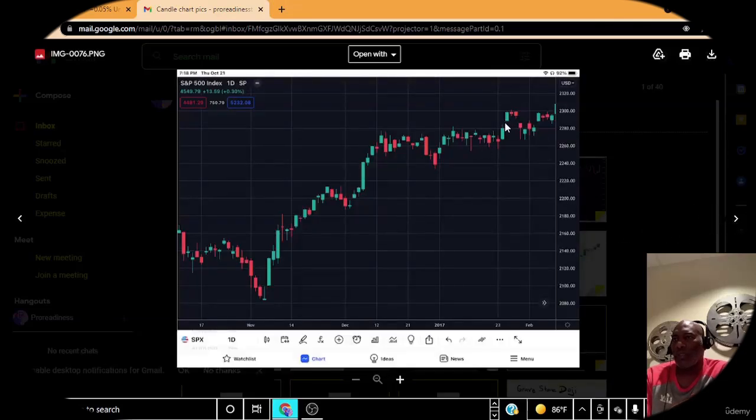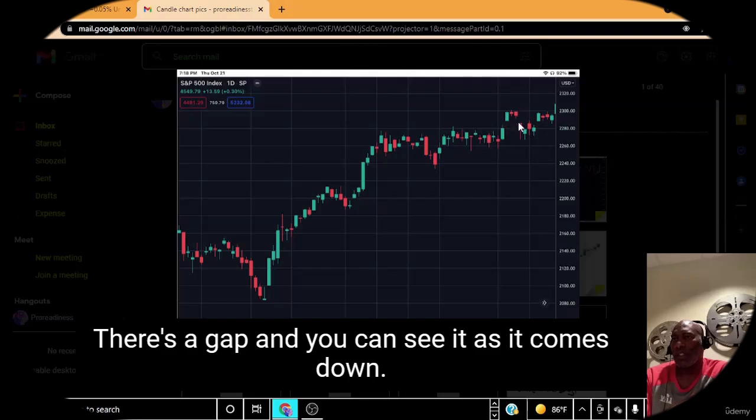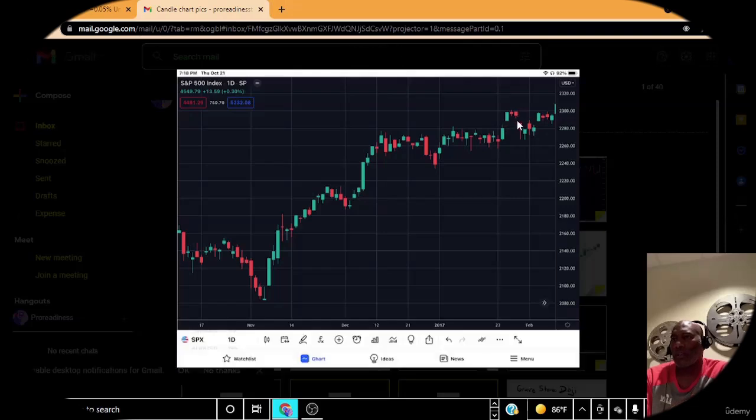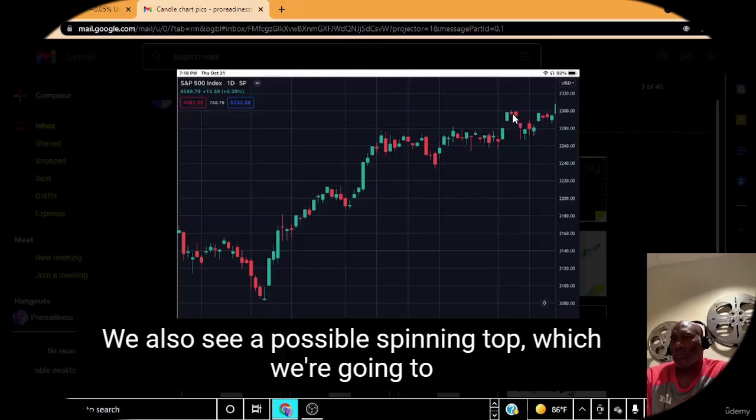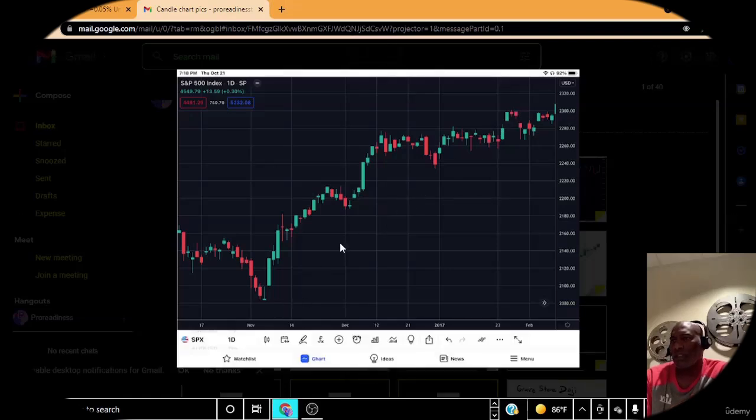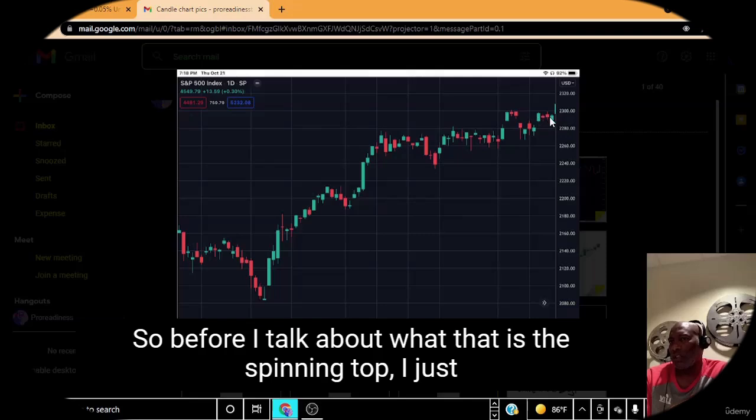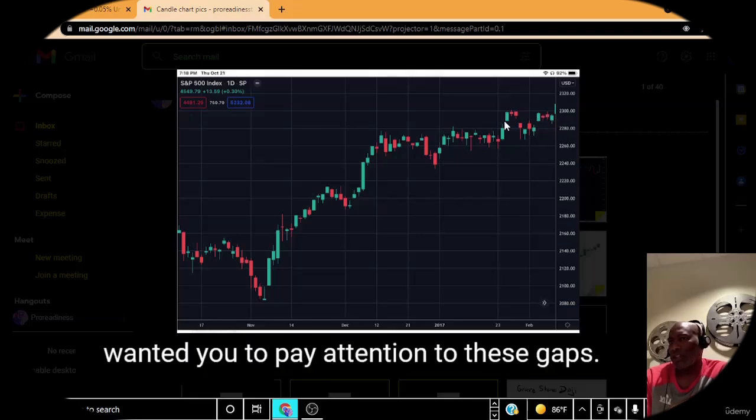As we can see right here, there's a gap, and you can see it as it comes down. There's a gap down. We also see a possible spinning top, which we're going to talk about next. Before I talk about what that is, I just wanted you to pay attention to these gaps.